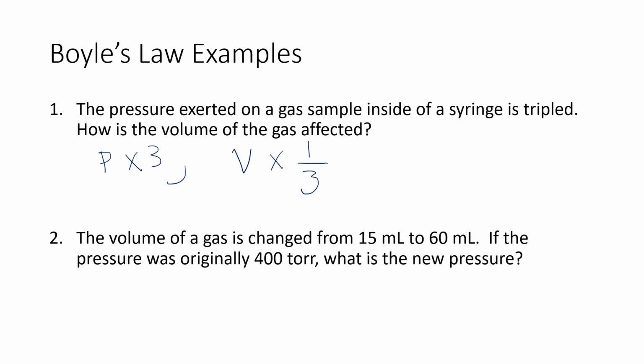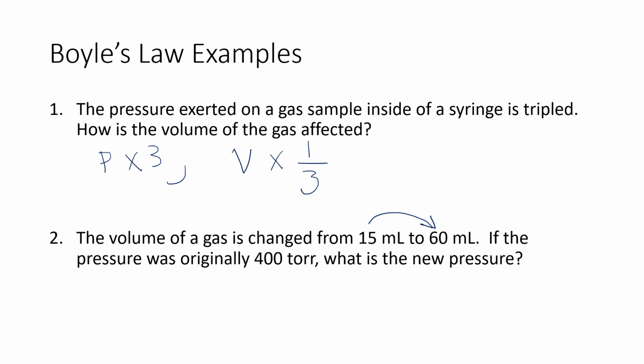Let's take a look at the second example. It says that the volume of a gas is changed from 15 milliliters to 60 milliliters. If the pressure was originally 400 torr, what is the new pressure? These two parameters, pressure and volume, are inversely proportional to each other. So the volume went from 15 to 60.